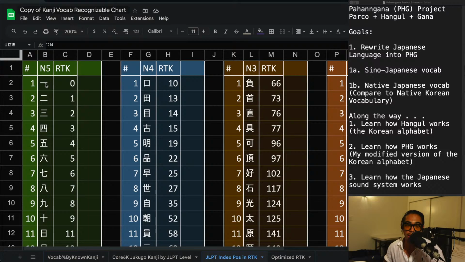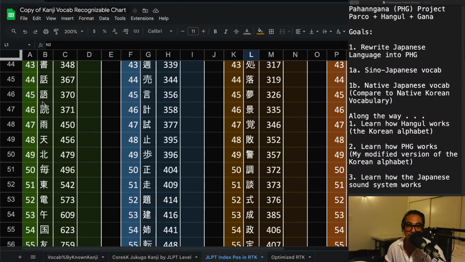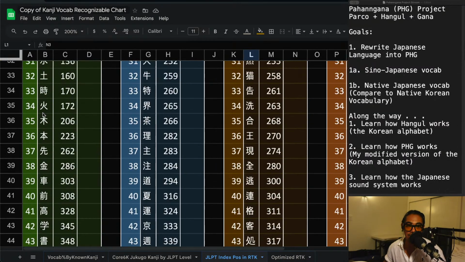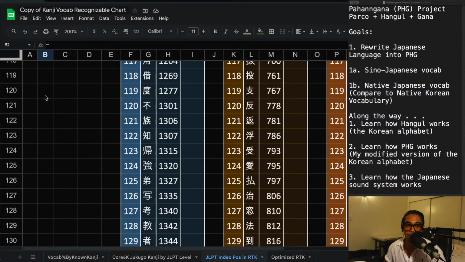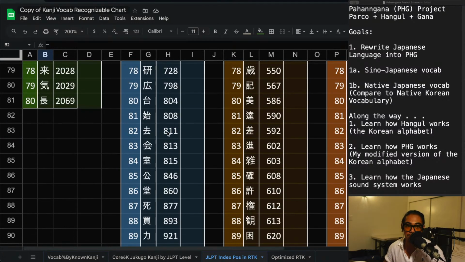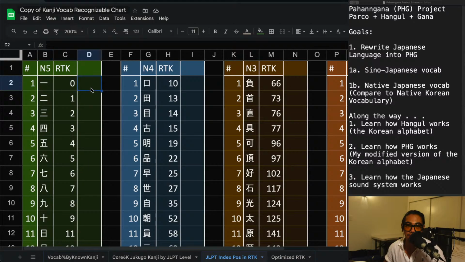They separated all the kanji into JLPT levels, and also organized it in terms of frequency. That is pretty cool. So we're basically going to start from the N5 kanji and go all the way down. It looks like there's about 80 of them. Then we're going to rewrite them, and just write them here in this new column that I created.